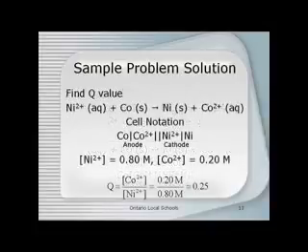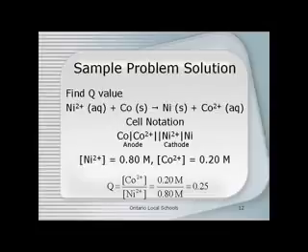Well, we want to find the value of Q, so we look at our equation, and we know that whenever we wrote equilibrium constant expressions, we always put the concentration of the products over the concentration of the reactants. In this equation, we won't include either solid, so the cobalt solid, nickel solid, those won't be included.